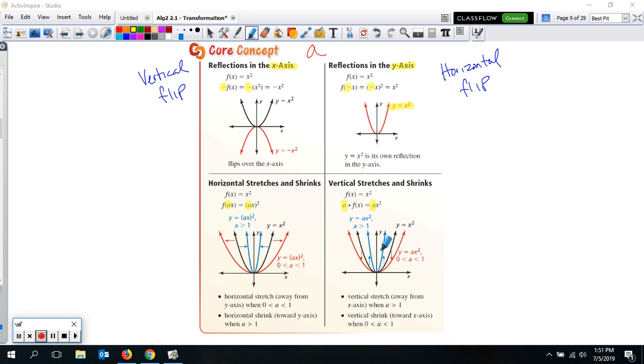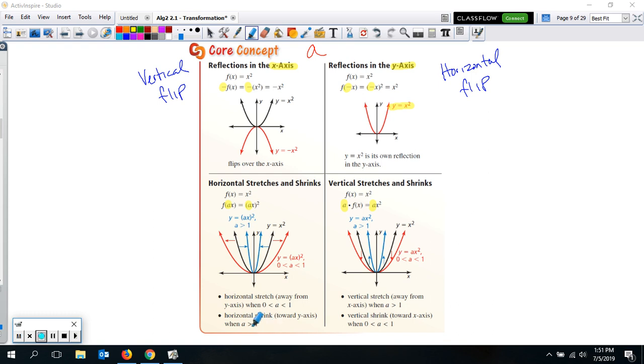It just happens to be where your factor number is a little bit different. So that's where you're going to see that is the factor number. So when the factor number is bigger than 1, you're going to be stretching it. And when the factor number is less than 1, between 0 and 1, you'll be shrinking it. It'll be getting closer to the x-axis. But the horizontal will actually call it the opposite way.